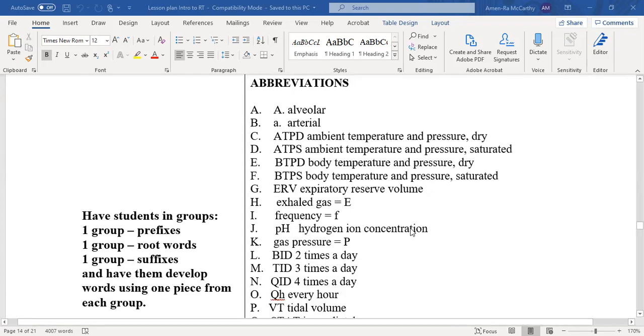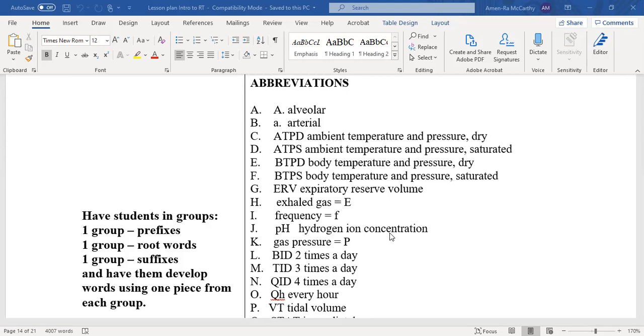Then the next one is pH. Michaelin, what does pH stand for? Hydrogen ion concentration. Good. That determines the pH of the blood. How many hydrogen ions are in the blood determines the blood's pH.